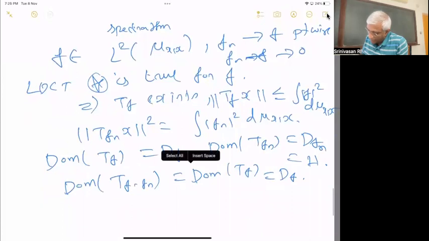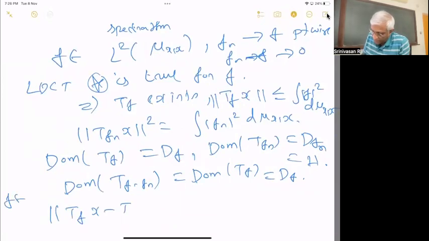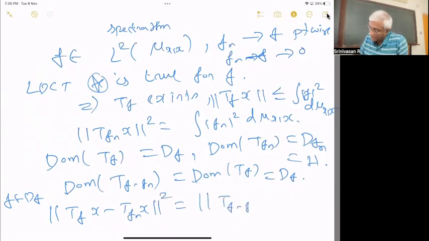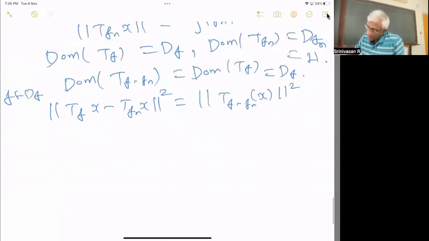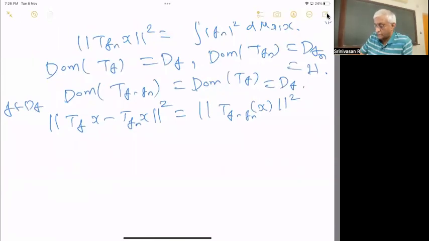Now if you just calculate Tf x minus Tfn x, which is actually equal to Tf minus Fn, we just go through the definition because it's through the integral, no? You have an integral of F minus Fn, square. And this should go to 0.